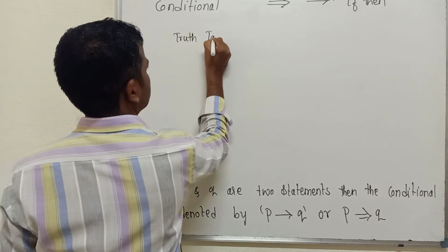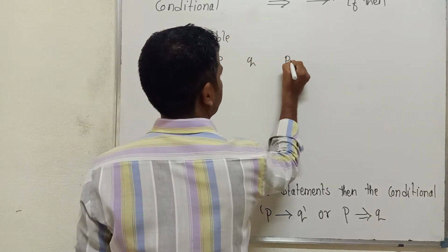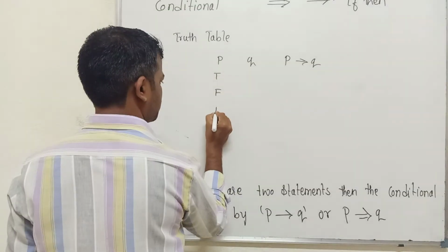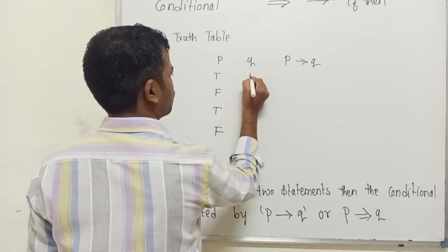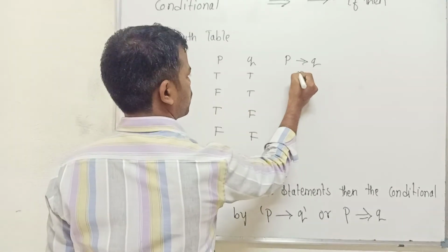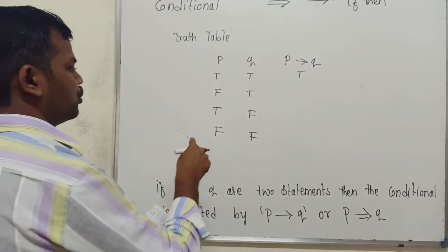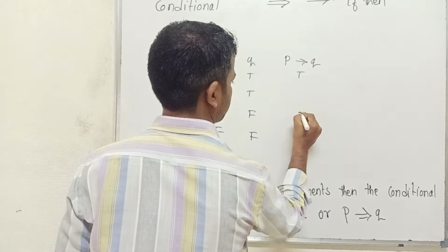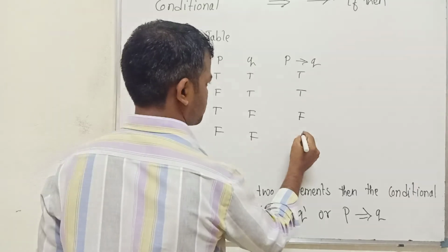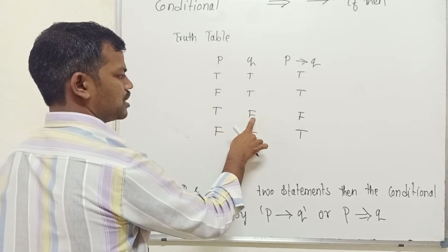So first P, Q, P conditional Q: true true true, true false false, false true true, false false true. So it is only false when P is true and Q is false.